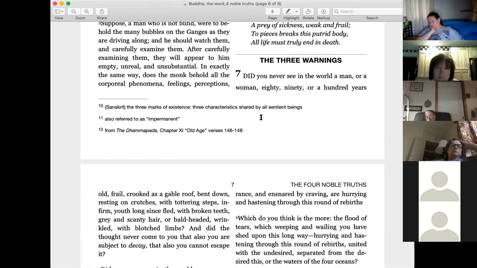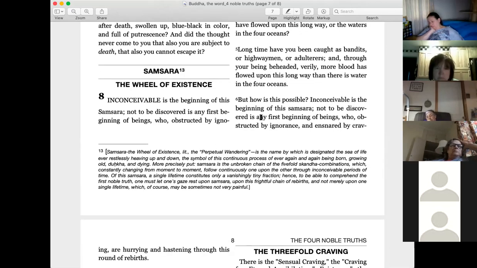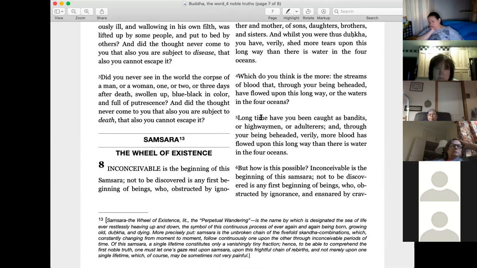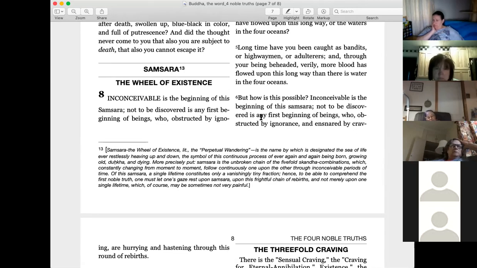So the last important thing that should be understood is this term called samsara. And it can also be considered the wheel of existence or the cycle of birth and death. And it's another kind of new take on what the predominant belief system was at the time, which was reincarnation.